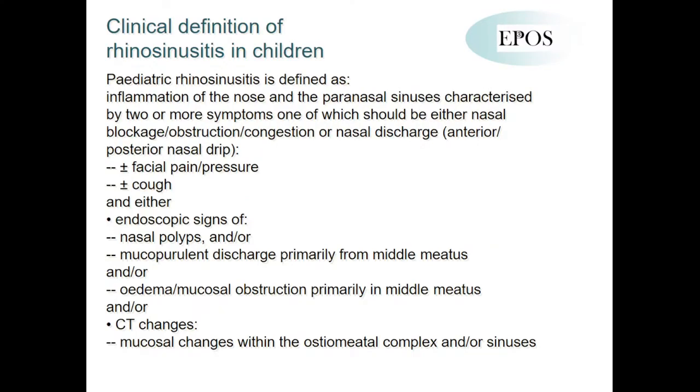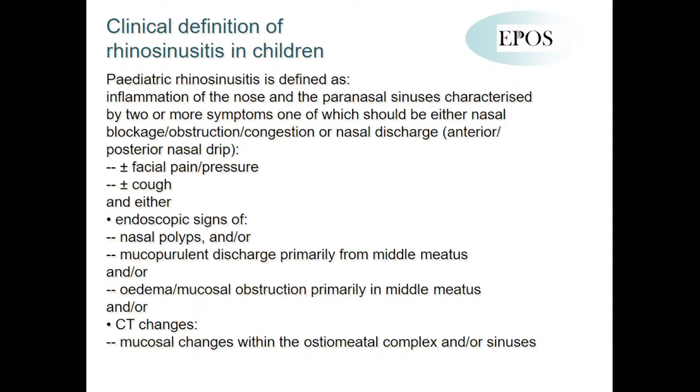The clinical definition of rhinosinusitis in children is almost the same. It is defined as inflammation of the nose and the paranasal sinuses characterized by two or more symptoms, one of which should be either nasal blockage, obstruction, congestion, or nasal discharge, anterior or posterior nasal drip; facial pain, pressure; cough.